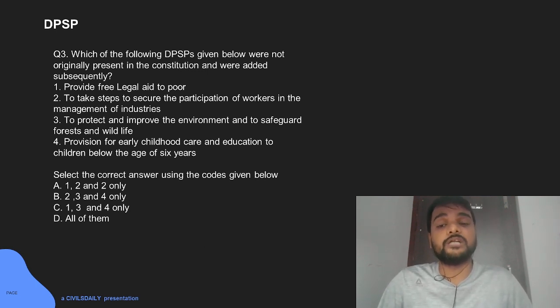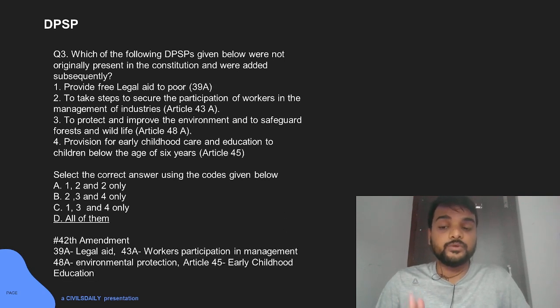Now there is a discussion also on amending Article 21A and the right to education to include even that, with an emphasis in the national education policy to provide early childhood education also as a right. So all of them here will be answered: 42nd amendment, 39A legal aid, 43A workers' participation in management, 48A environment protection, 45 early childhood care and education.